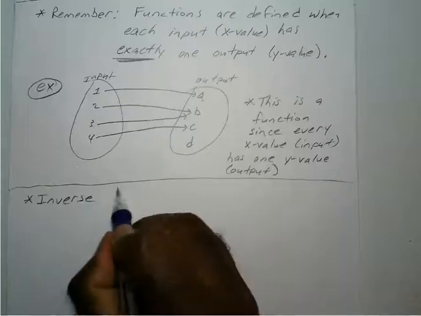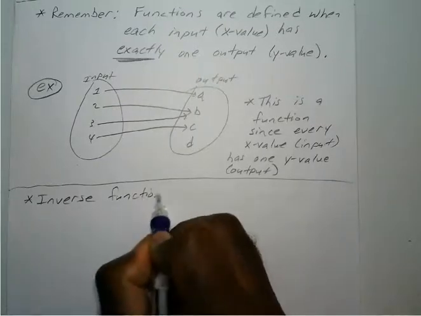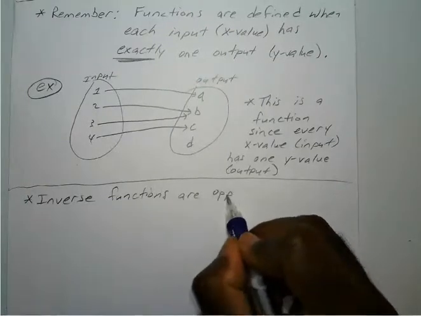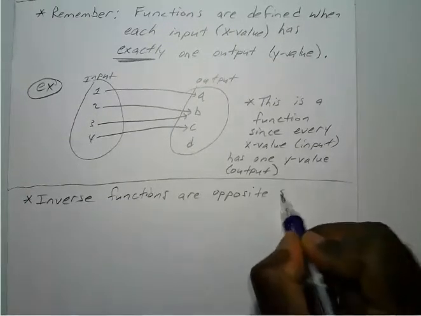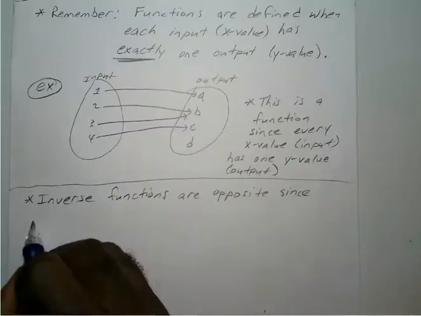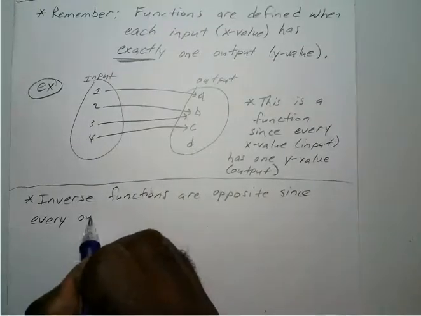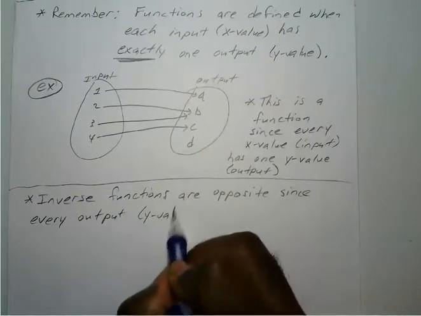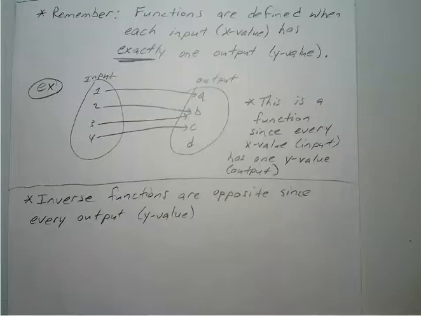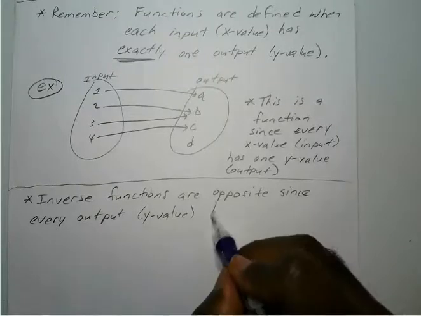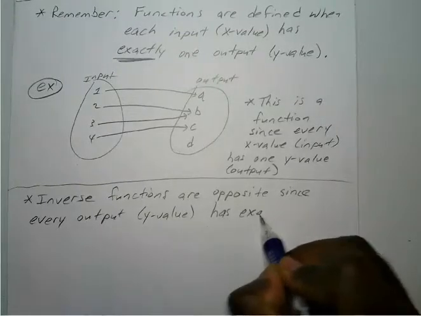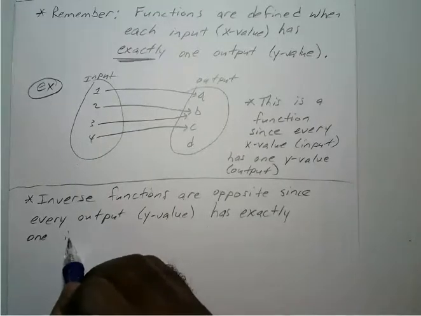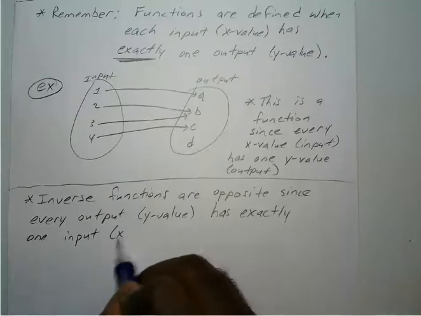Inverse functions are opposite since every output, or y value, has exactly one input, or x value.